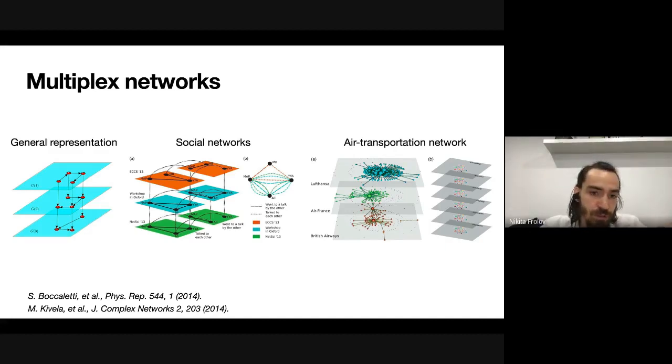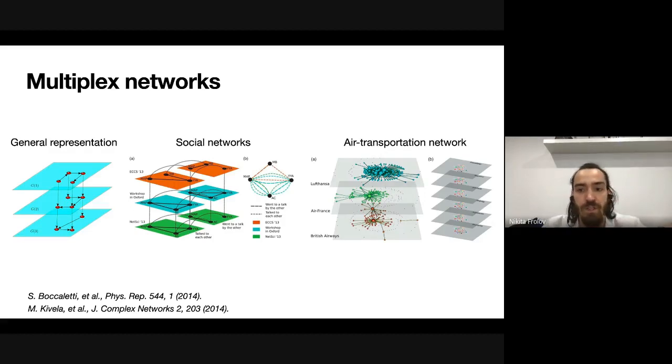which represents a multi-layer network where each node is connected to its replica on the other layer with one-to-one coupling. This could be a quite nice model for social networks, where each layer represents an aspect of social life or social network of one human.